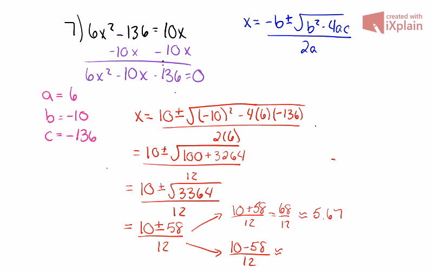And then if I do 10 minus 58, I get negative 48. Divide that by 12, we get negative 4. So my two solutions are 5.67 and negative 4. Good luck with the rest of your assignment.